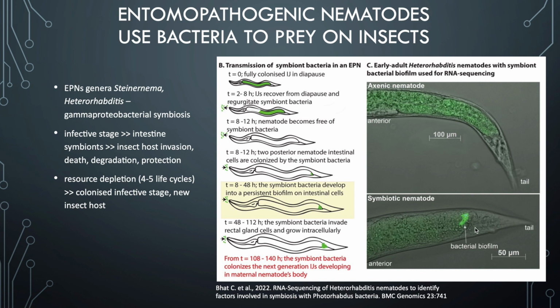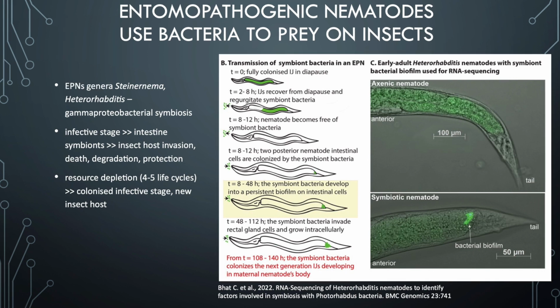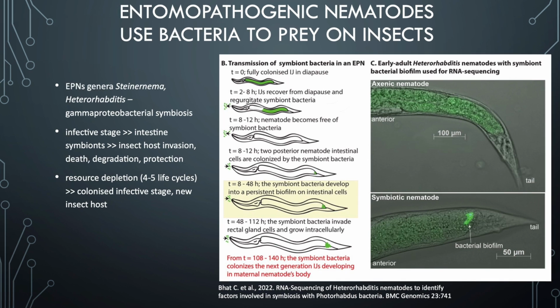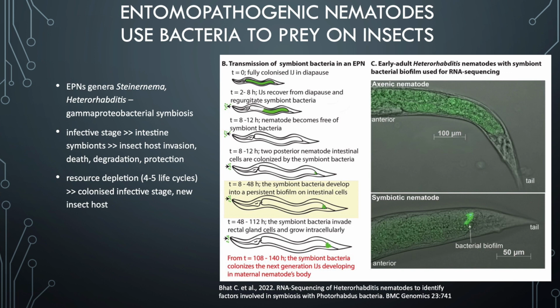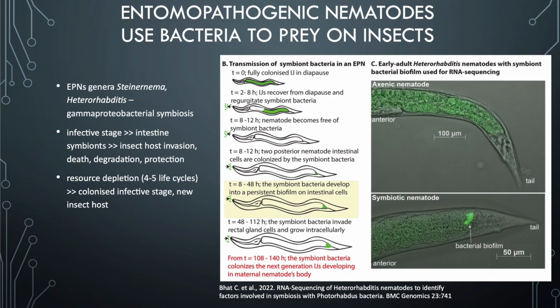So basically, in this case, the female nematode's specific cells in the intestine are colonized, and she passes this bacterial inoculant onto her offspring. So the juveniles will end up harboring these symbiotic bacteria in their gut as juveniles infect insects to consume. So yes, this is a good example of that very intimate, obligate symbiosis between nematodes and the bacteria that they harbor and use in order to gain a food source, and in this case, insect larvae.